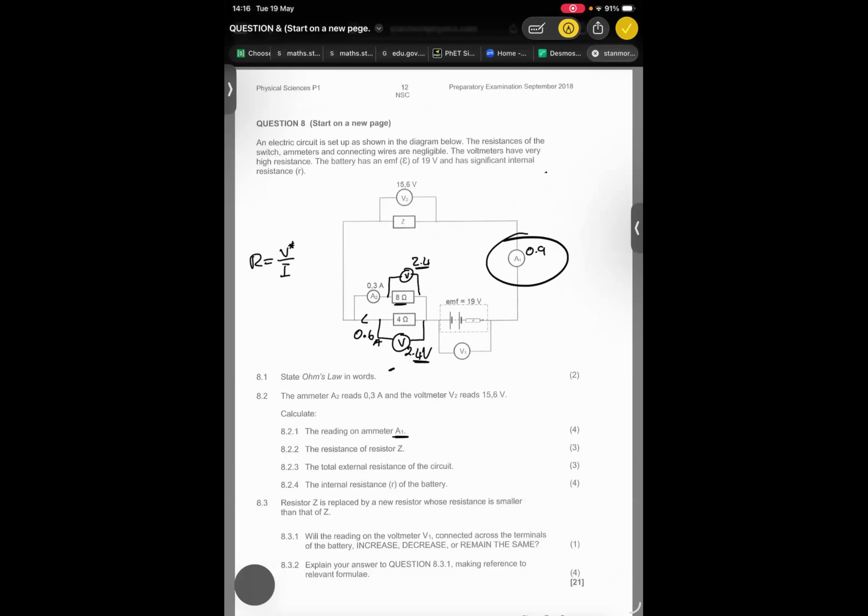Already you have the voltage, already you have the resistance. So we're going to have 2,4 over I, then you solve for I. 2,4 divided by 4, which is 0,6 in decimal.